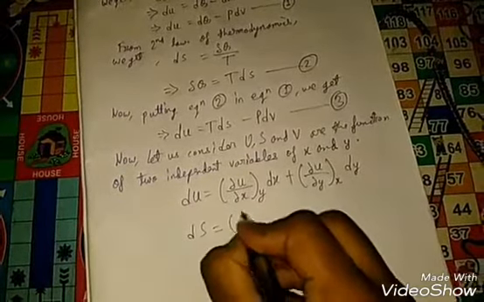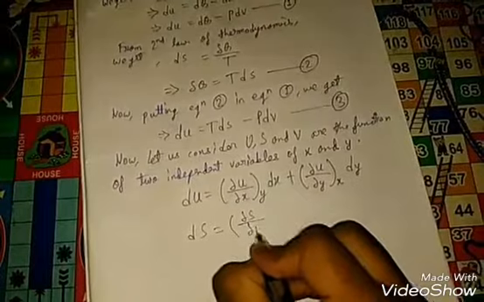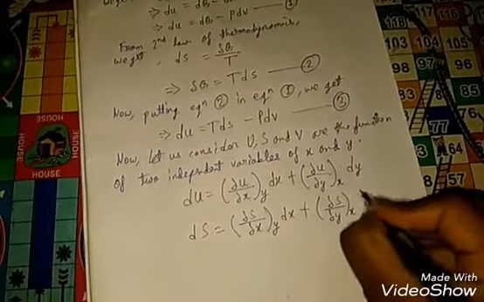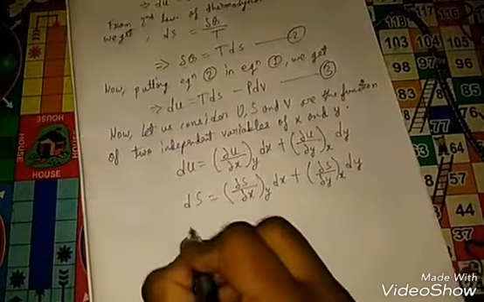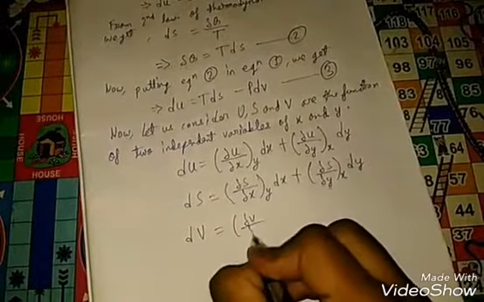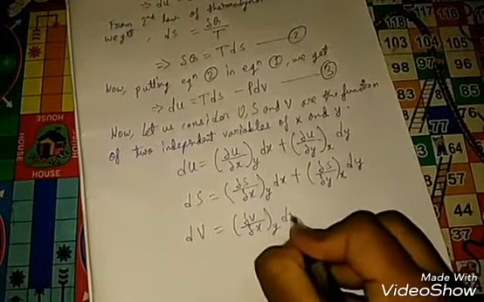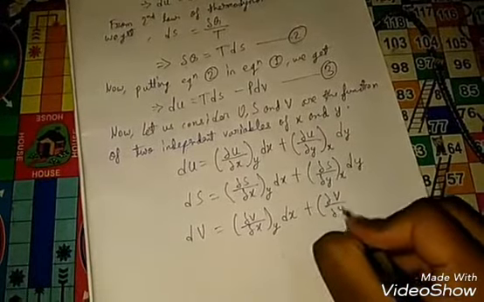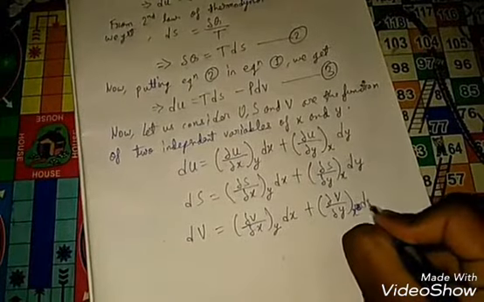Again in the same way we can write ds is equal to del s by del x keeping y constant multiplied by dx, plus del s by del y keeping x constant multiplied by dy. And in a similar way for dv also we can write del v by del x keeping y constant multiplied by dx plus del v by del y keeping x constant into dy.